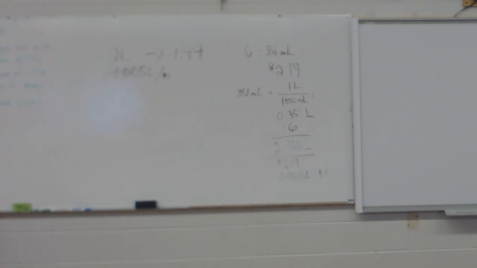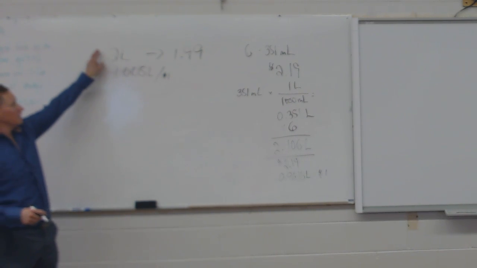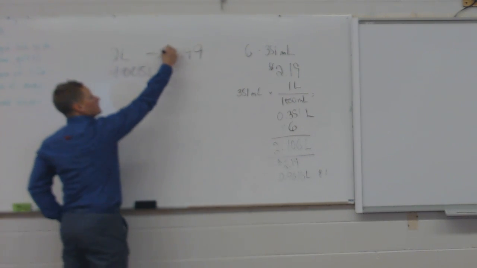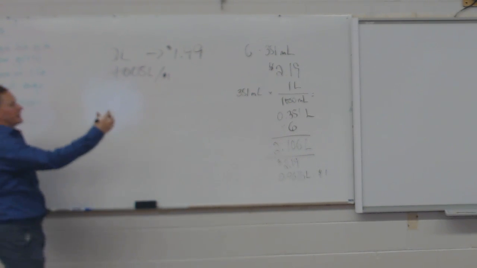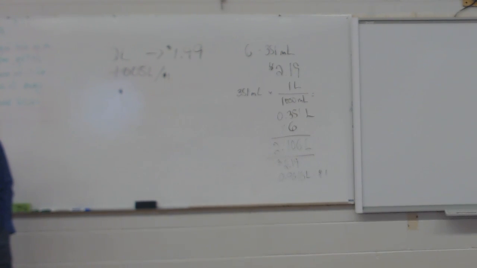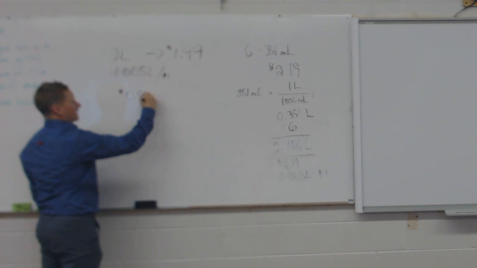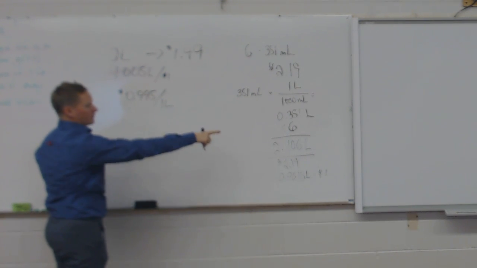You could have found how much money is 1 liter. Absolutely. We could have found out the cost of 1 liter of each one, right? So we take $1.99, and you actually had it. So it was $1.99 divided by 2 liters was $0.995 per 1 liter, and what would it be over here?